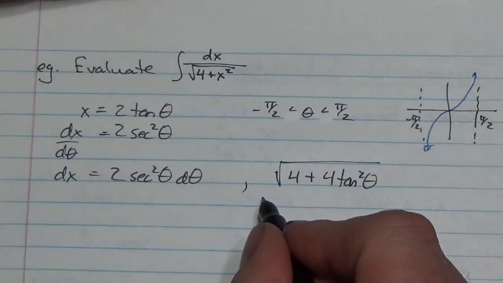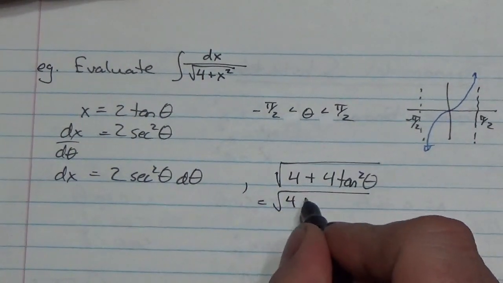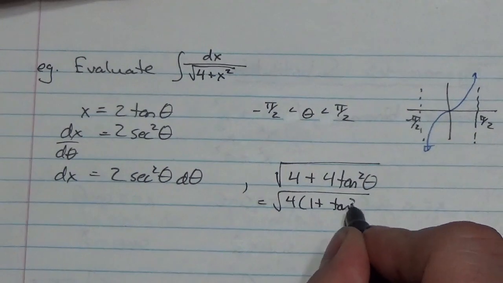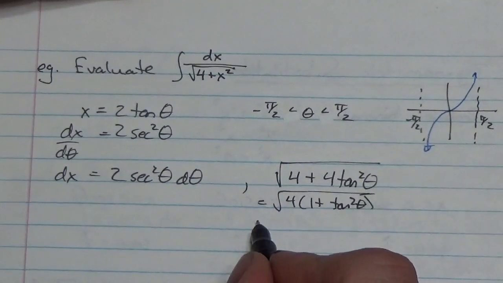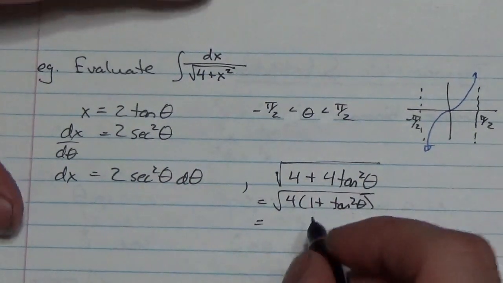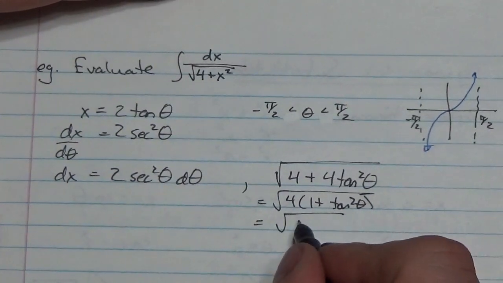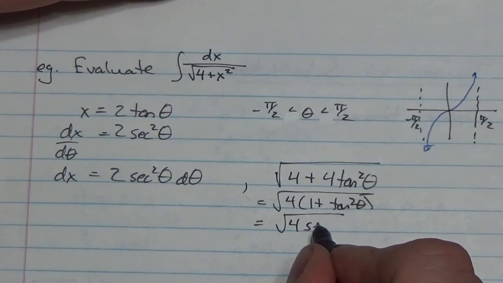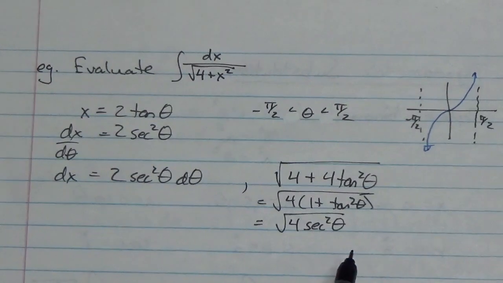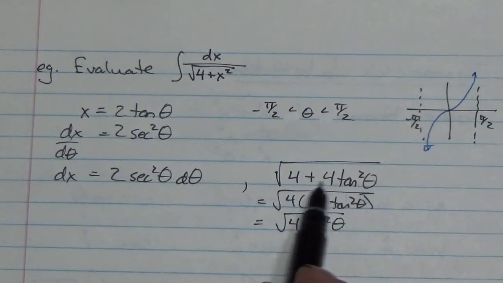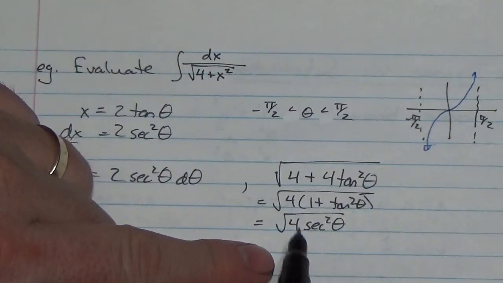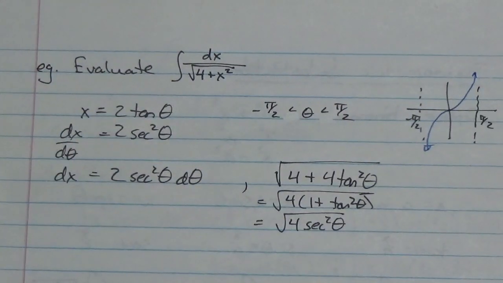And you can factor out the 4 and you get 1 plus the tangent squared of theta. And just like in our previous example, that's an awesome thing here because 1 plus tangent squared of theta is just secant squared theta. And so once again, I take that binomial with the square in it and I reduce it to a monomial that's being squared.